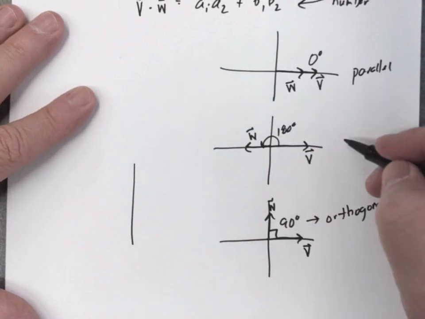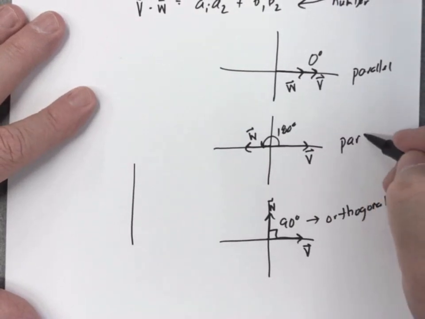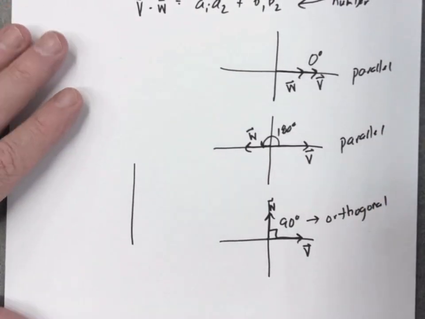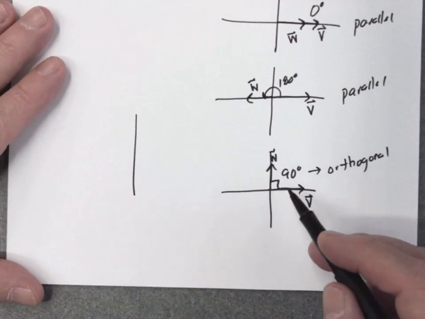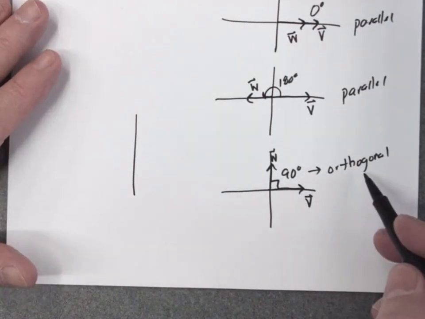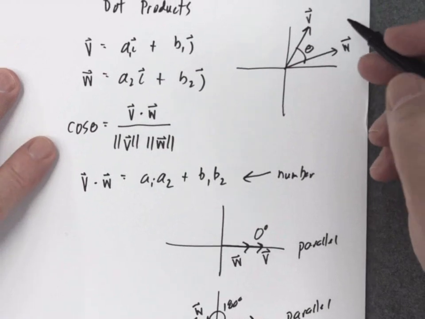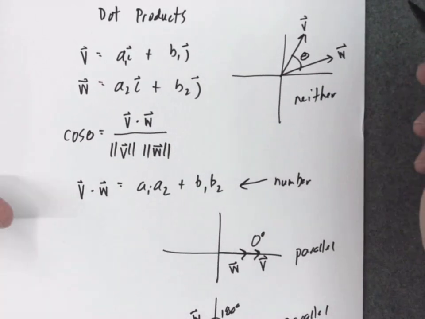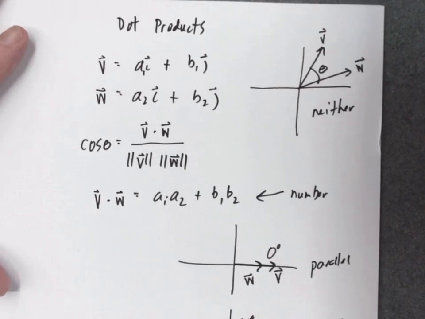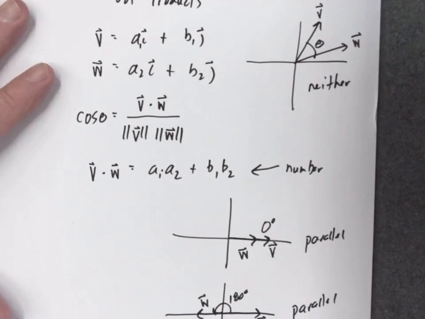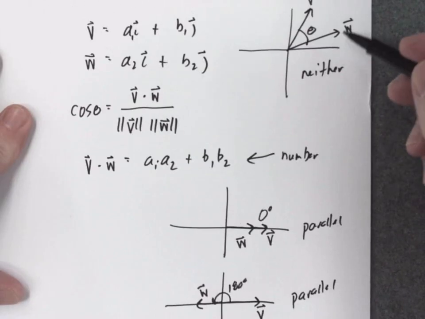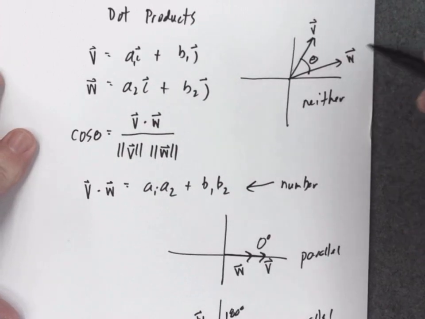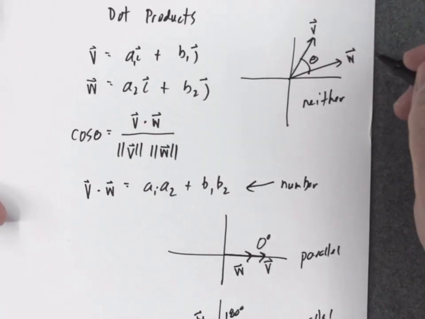Here the angle is 180, but the two vectors are also parallel. Here, 90-degree angle, orthogonal. And sometimes I'll ask a question. Here are two vectors. Are they parallel, orthogonal, or neither? So if it's just some random angle, it's sort of classified as neither.